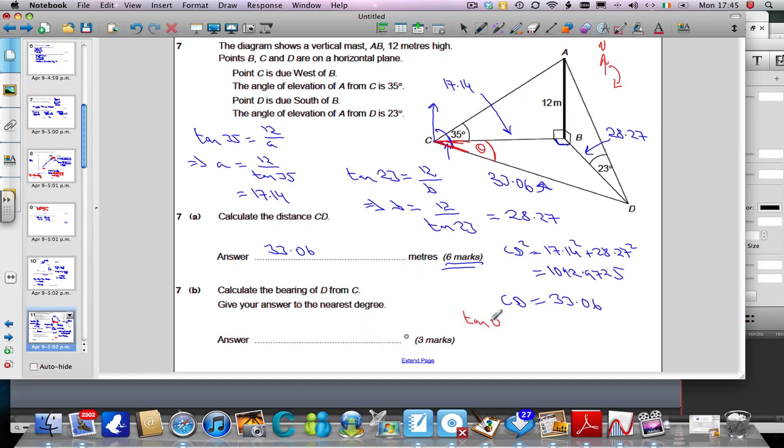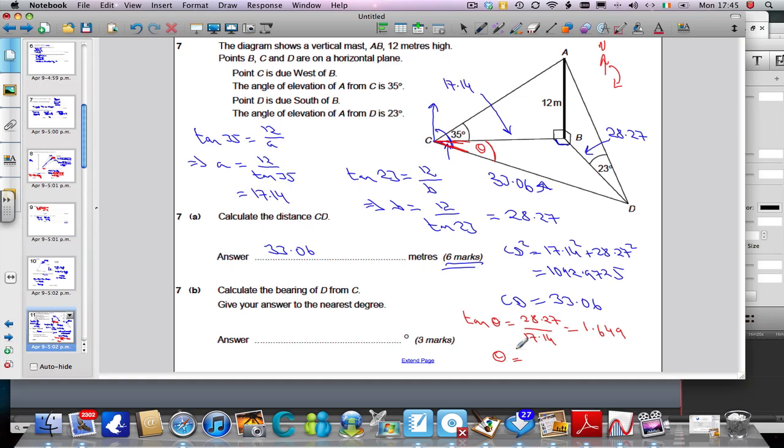Tan of theta is going to be equal to the opposite, 28.27, over the adjacent, which is 17.14. And let's just do that on a calculator. 28.27 divided by 17.14 gives us 1.649, and then take the inverse tan to get the answer.